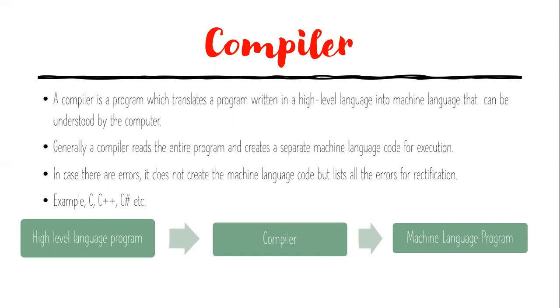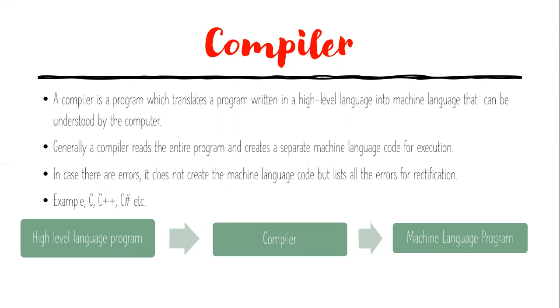In this case, if there are any errors, it does not create the machine language code but lists all the errors for rectification. That means it does not translate it into the machine language, but gives a list of all the errors so that we can rectify them.